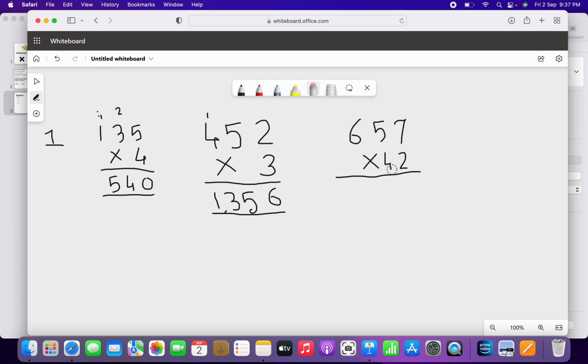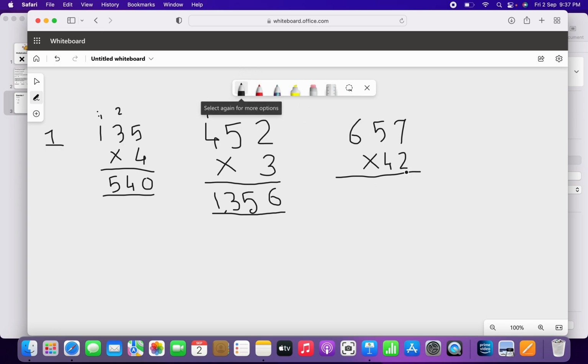While multiplying, you first multiply the ones, then the tens, then the hundreds, then the thousands. It's not like you start from hundreds, tens, and ones. That is actually wrong. You start from ones, tens, and hundreds. Here, the ones will multiply with ones, tens, and hundreds, and tens will again multiply with ones, tens, and hundreds. Let's see how it is done. It's very easy.